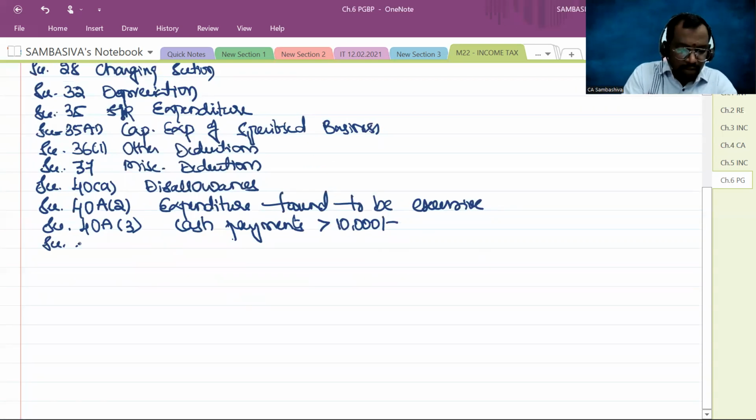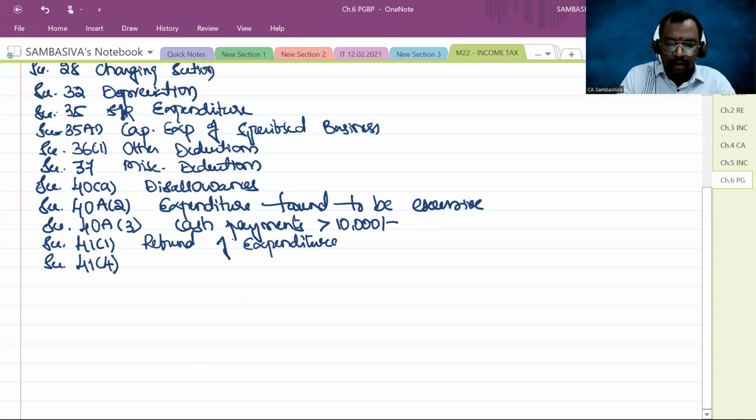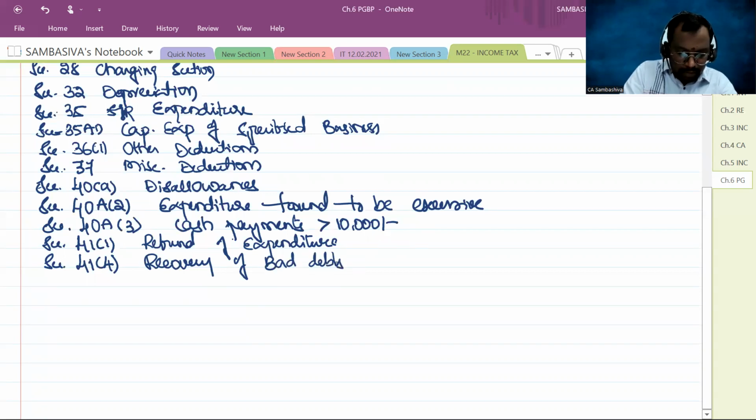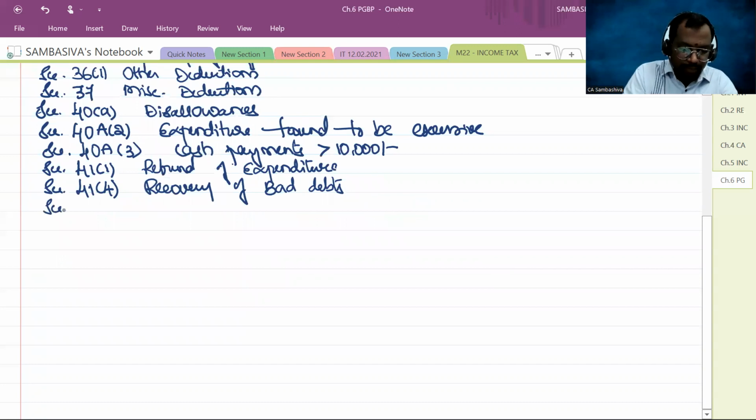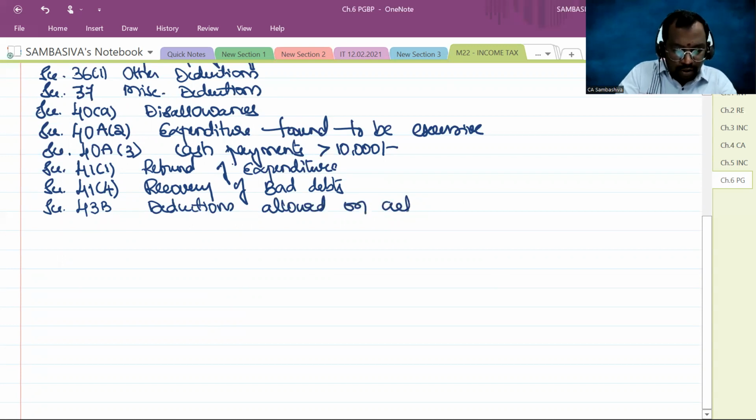And then after that, section 41(1), refund of expenditure, and section 41(4), recovery of bad debts. And next, section 43B, deductions allowed on actual payment.